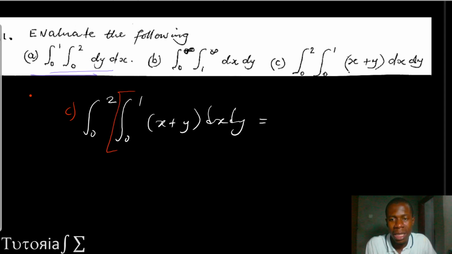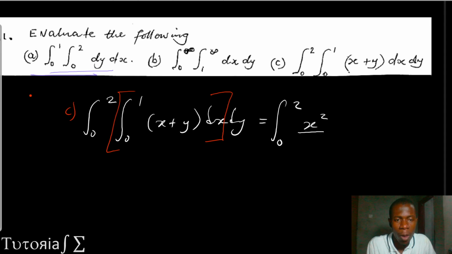We evaluate the inside first. Evaluating the inside with respect to x, the outside we have 0 to 2, and inside with respect to x, that will be x squared over 2 plus xy, and we're going to replace in the limits, which is from 0 to 1, and with respect to y.